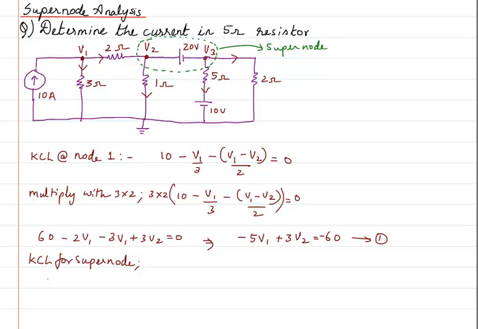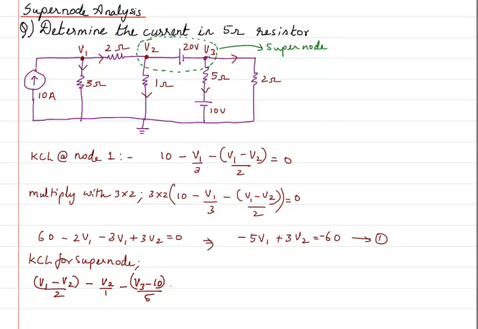So here I can write KCL for supernode. So entering, current is entering, so (V1 - V2)/2, minus V2/1, minus (V3 - 10 volt)/5.